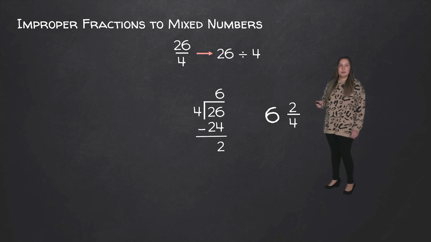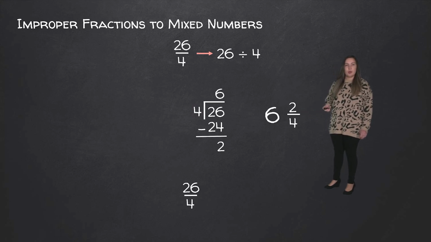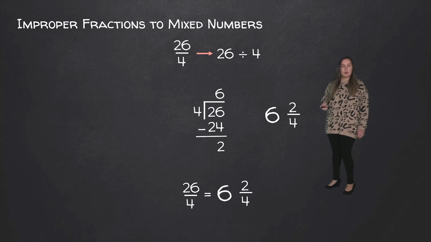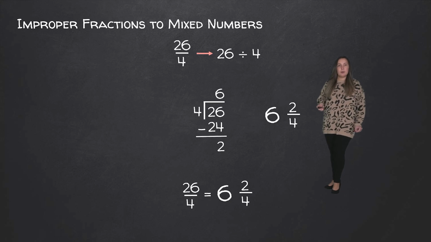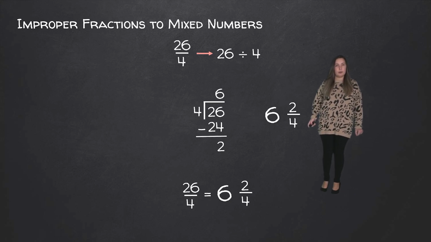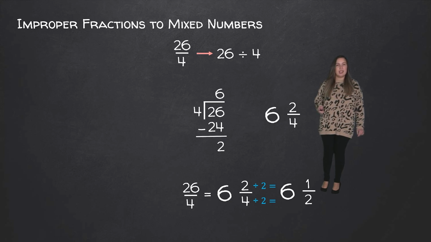So we know that 26 over 4 is equivalent to 6 2/4. However, notice here that we could simplify our fraction 2/4. We could divide both the numerator and the denominator by 2 because that's their greatest common factor. And so 26 over 4 is equivalent to 6 2/4, which is equivalent to 6 and 1 over 2, or 6 1/2.